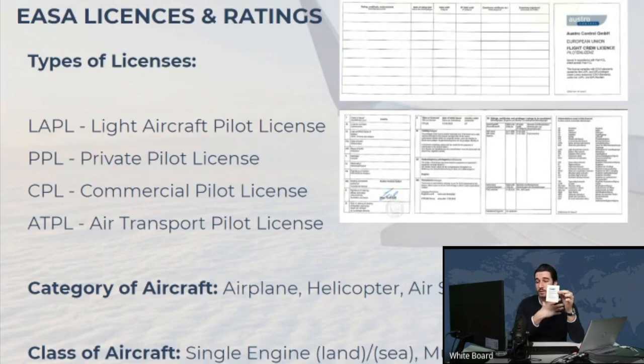I decided to have an Austrian license, so it says Austro Control, which is the Austrian CAA. And then it's written in both languages usually, both English and the language of the country, and it says pilot license. It's quite hard to see, but maybe you can see something.